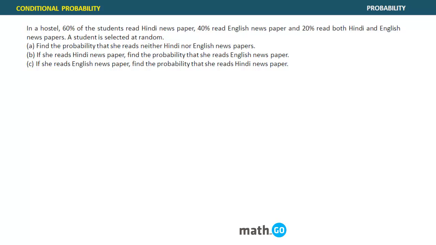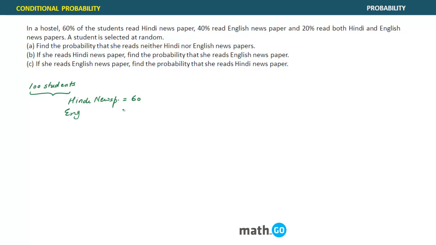Let's take another problem. It says in a hostel 60% of the students read the Hindi newspaper, 40% read English and 20% read both. Again we'll convert this into a number problem. Let's say there are 100 students in the hostel, as we did in the earlier cases also. 60% of them read the Hindi newspaper, so that means 60 students.